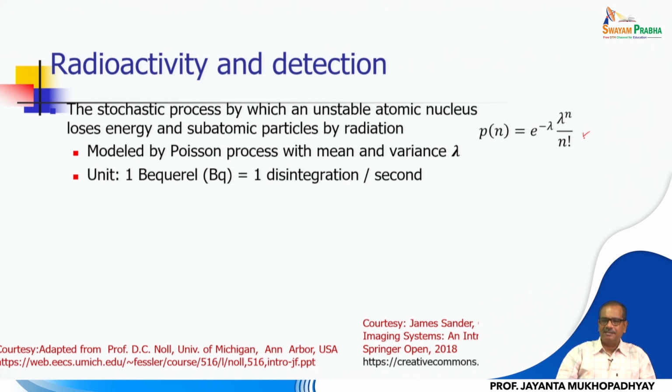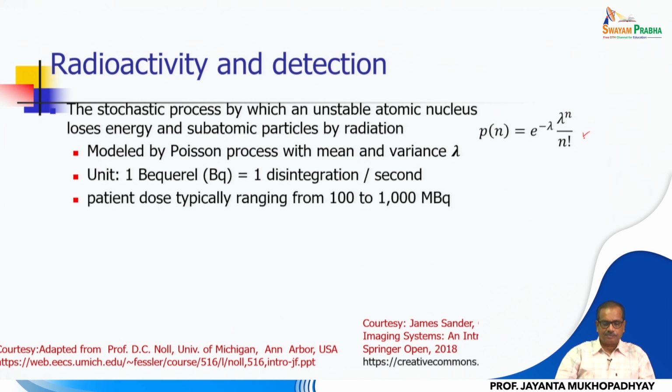As I mentioned, it is a kind of discrete event: the emission of a single photon, or for positron emission the simultaneous emission of two photons. So, it is one disintegration per second. One such event, whether it is one photon or two photons, one such emission per second, something like a unit of frequency, you can say.